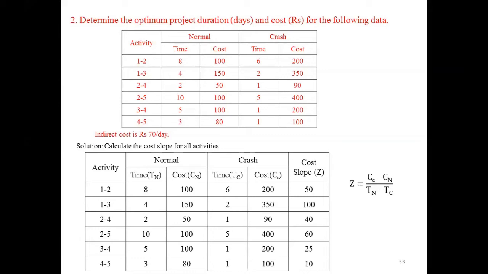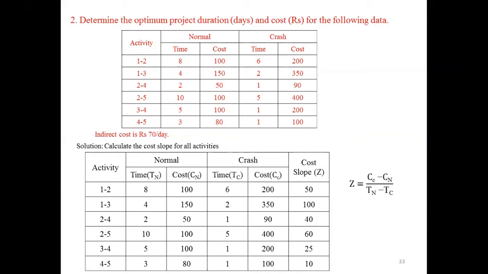In the problem, they are given normal time, normal cost, crash time, crash cost. You need to use this formula to calculate the cost slope for each activity.